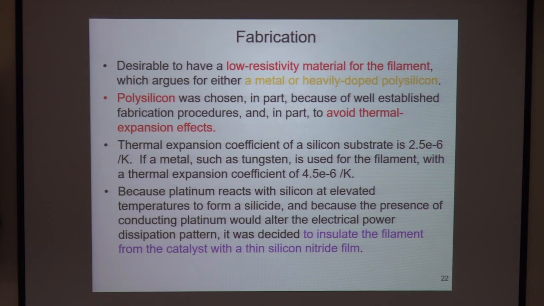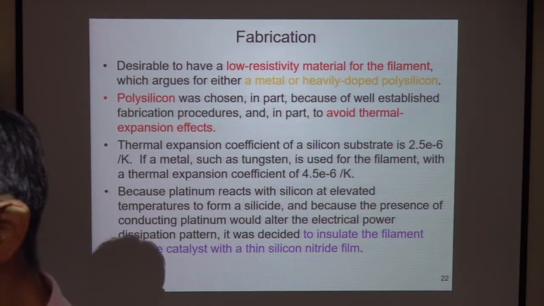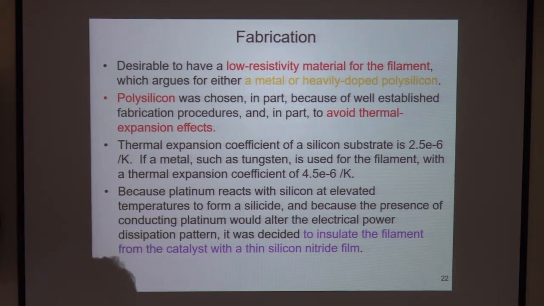Okay, the fabrication part. Bo-Cheng, could you read the first one? It's about having a low resistive material for the filament, which is either a metal or heavily doped polysilicon. So the filament is a resistor. We want low resistivity, because of the power dissipation.